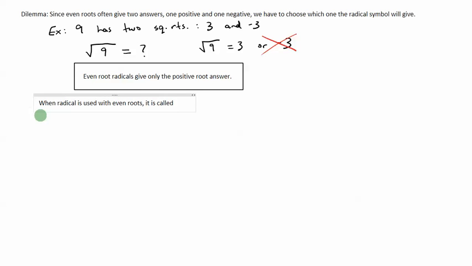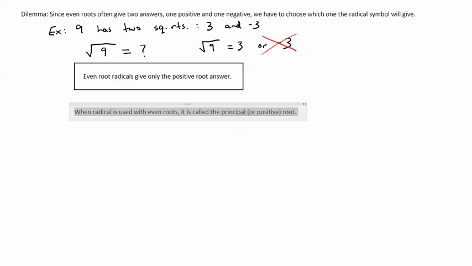It is called the principal or positive root. So you might see that term, the principal root. When it says the principal root, it means the positive root. So that's good to know as well.